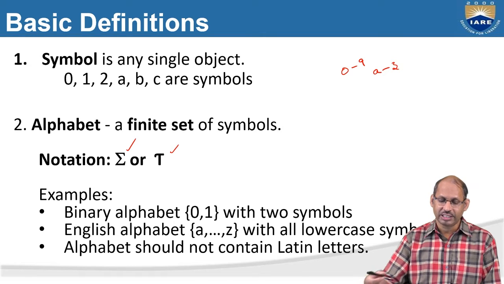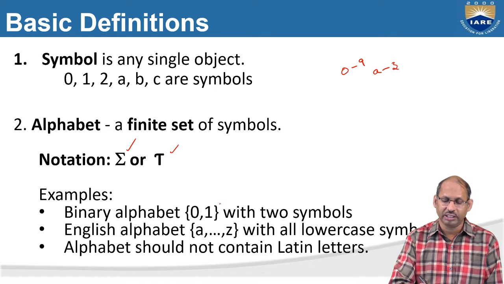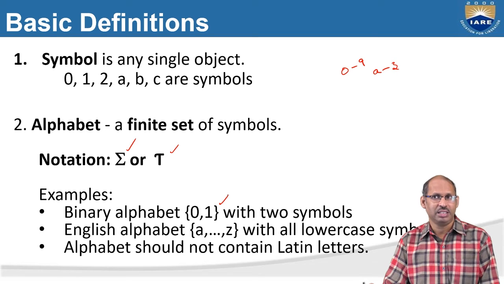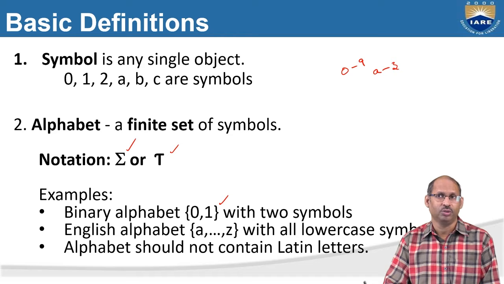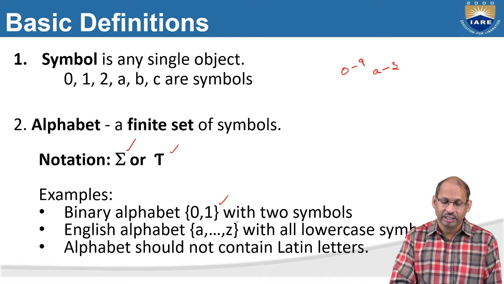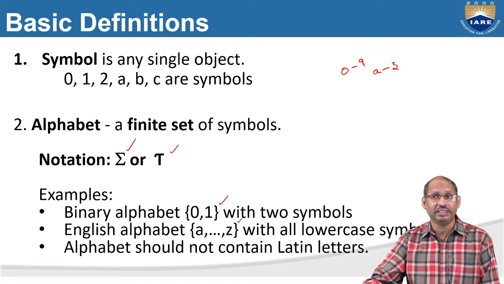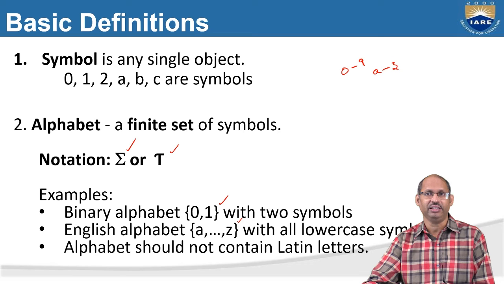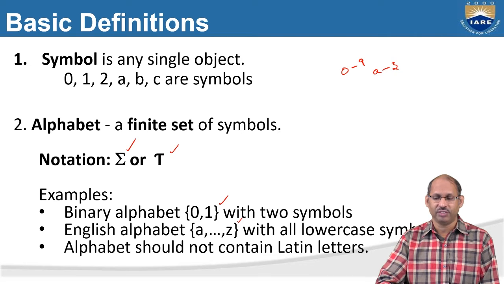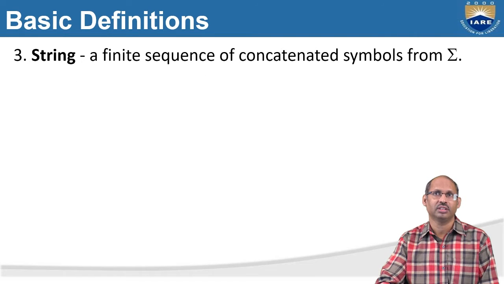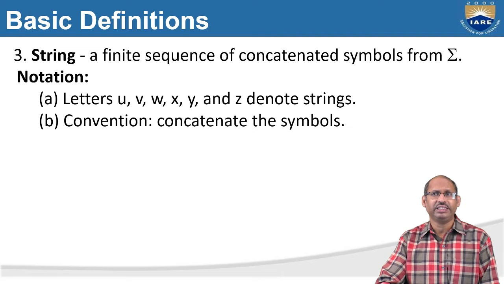In the first example, 0 and 1 are the symbols of the alphabet, only the two symbols. Here in the second example, the small letters a to z, the lowercase symbols, are the symbols of the alphabet, right? Then what is a string?